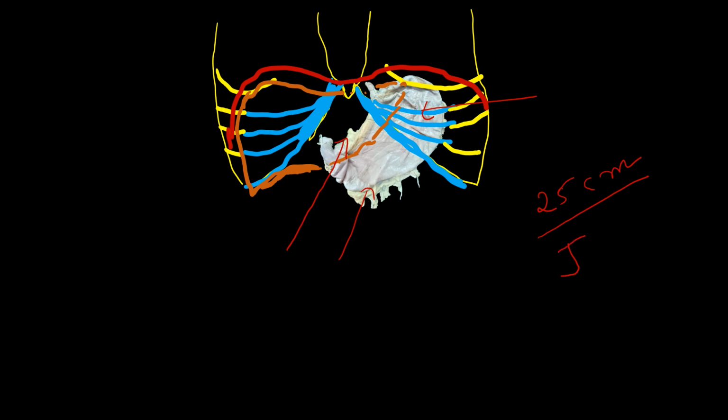It is situated in the abdominal cavity in such a manner that its upper end, meaning cardiac end, is behind the seventh costal cartilage, 2.5 centimeter away from its junction with the sternum, and lower end is situated at the trans-pyloric plane.